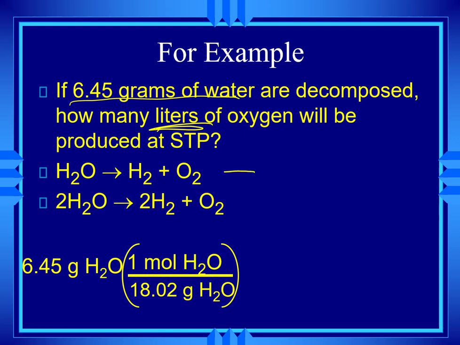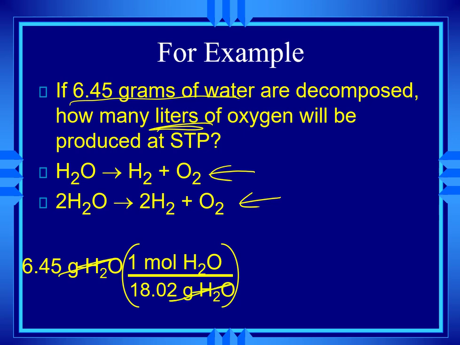So this is the reaction. This is balanced. Make sense? I sped through that step, sorry. We've got to take the time to balance that equation. I set this up so grams of water would cancel out.